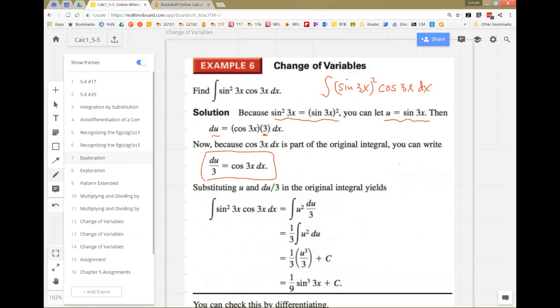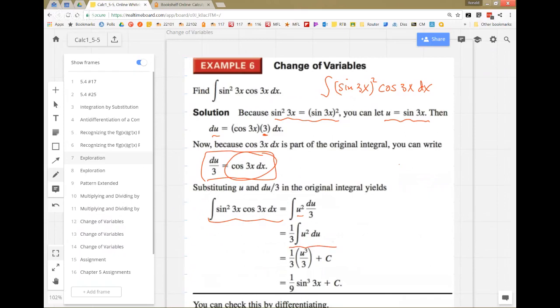Okay. So now let's substitute. Let's change this into a u problem. What's the sine squared of 3x? Remember, u is the sine of 3x, so this must be u squared. And what's the cosine of 3x dx? It's du over 3. Okay, now we have a u problem.